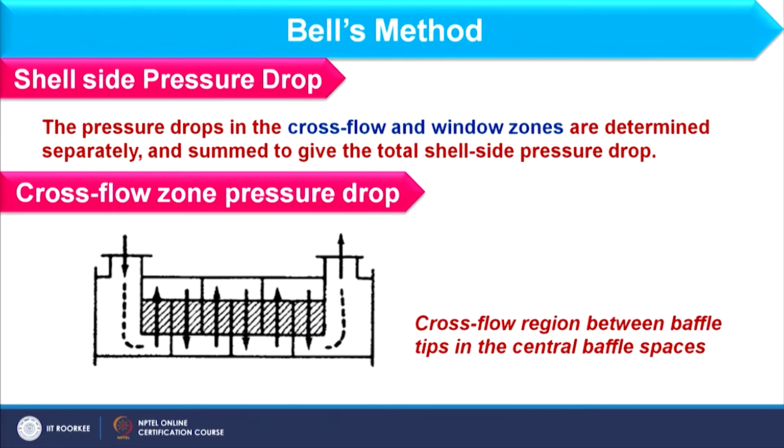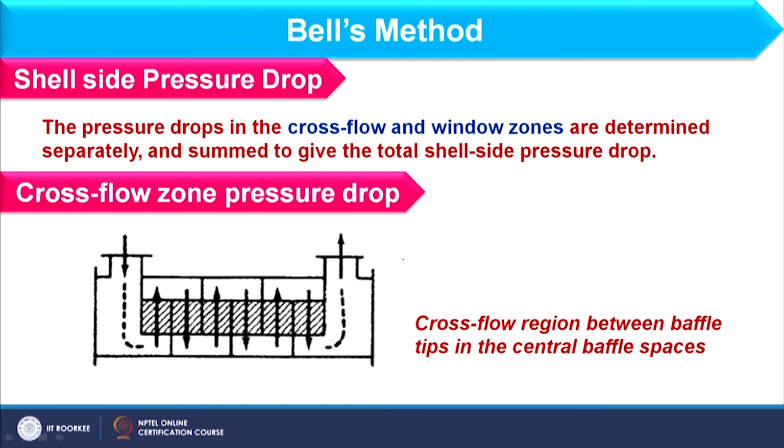The pressure drops will be calculated in these two regions individually, and then according to the number of these regions we will add the pressure drops, and then we will find out the total shell side pressure drop. So, first of all we will focus on the cross flow zone, and we will discuss empirical correlations to find out pressure drop in cross flow zone. But first we should understand what cross flow is.